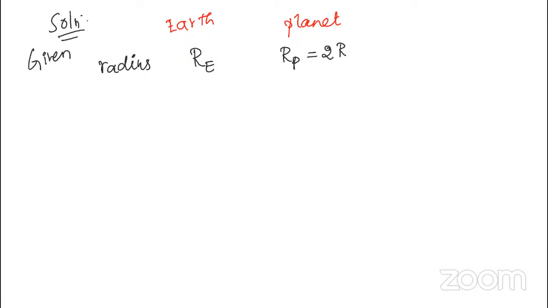So we write RP is equal to 2 into RE. Density is equal, that is rho for both, and for mass it is also M. There is no change.